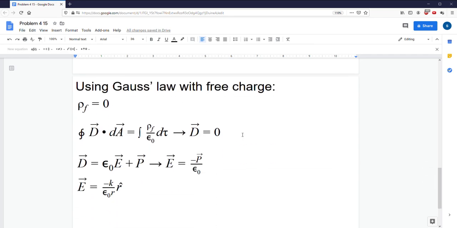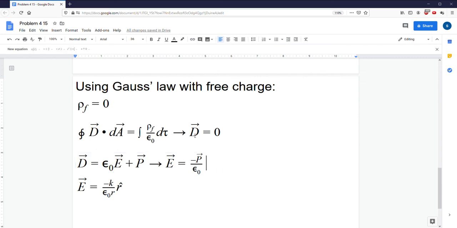Use the Gauss's law form of electric displacement using the free charge. There is no free charge. Therefore, there is no electric displacement. That was easy. Next, we can go back to our definition of electric displacement. That's equation 4.21. Electric displacement field is equal to epsilon naught times electric field plus polarization.